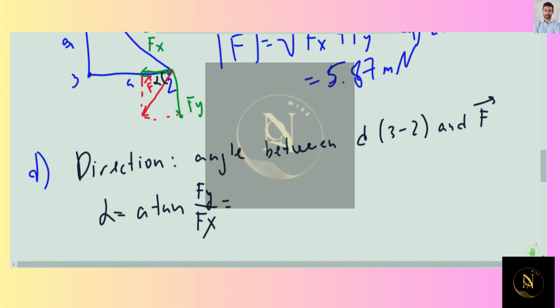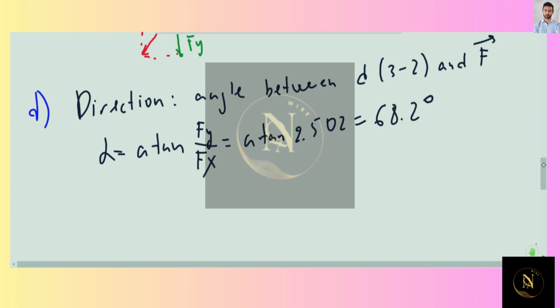So therefore, it equals the arctangent of 2.502, which is 68.2 degrees.